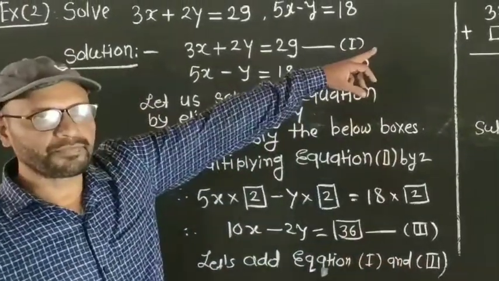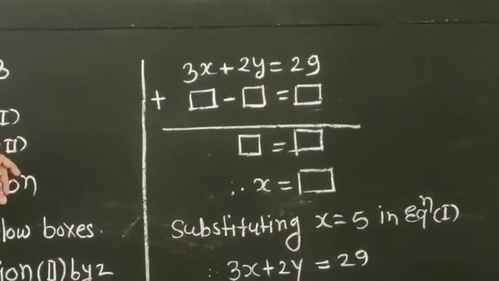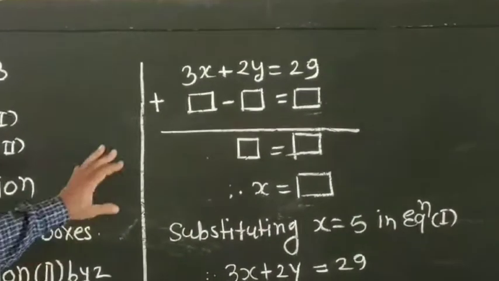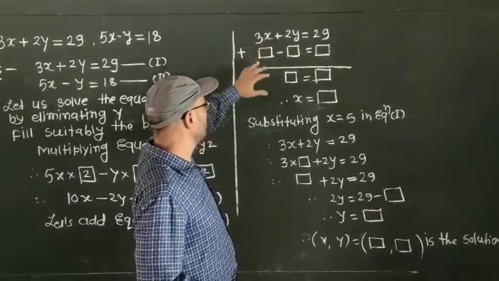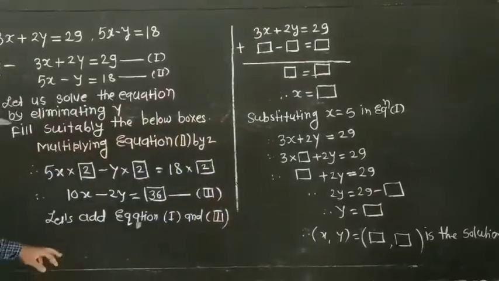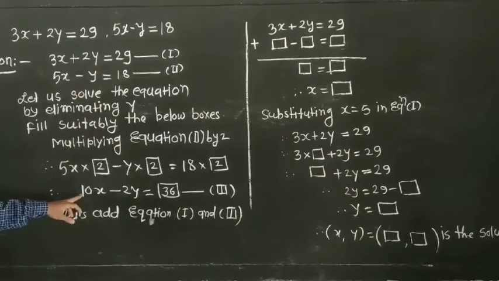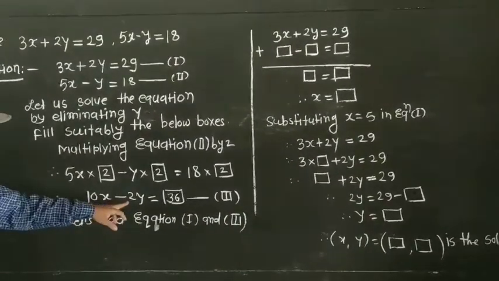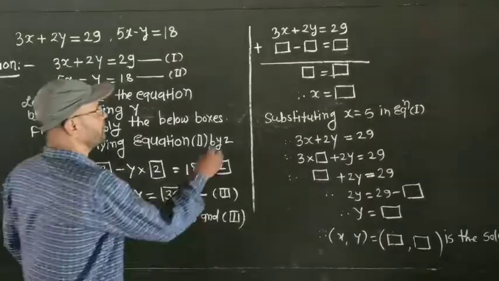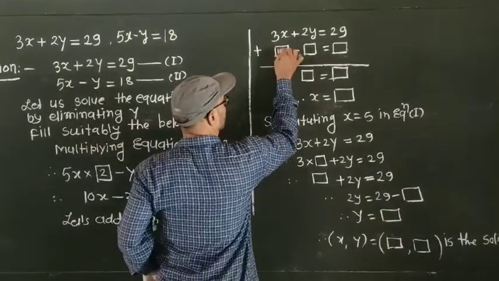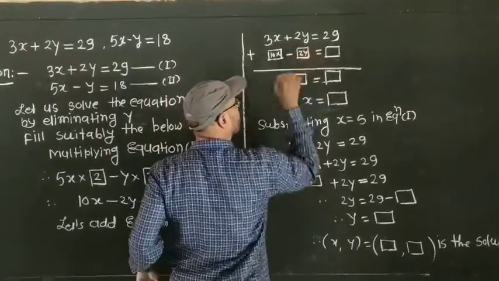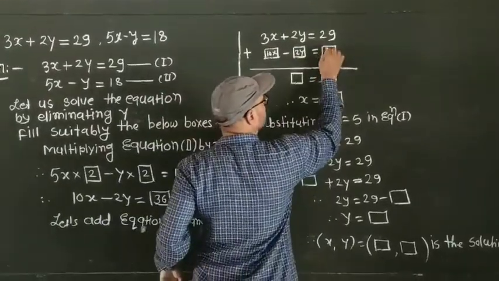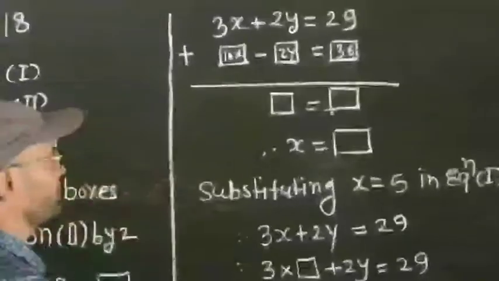Now let us add equation 1 and 2. See here: 3x + 2y = 29, plus this equation, 10x - 2y = 36. So write in this box 10x - 2y = 36.